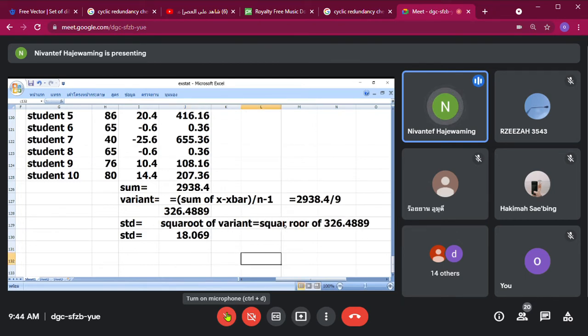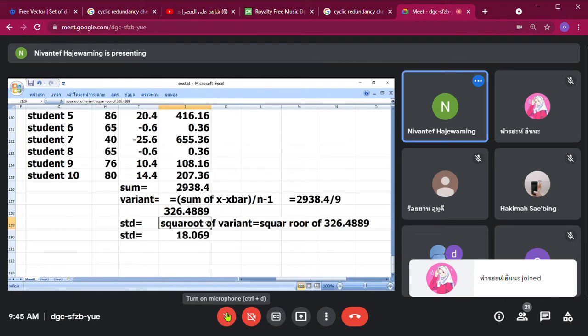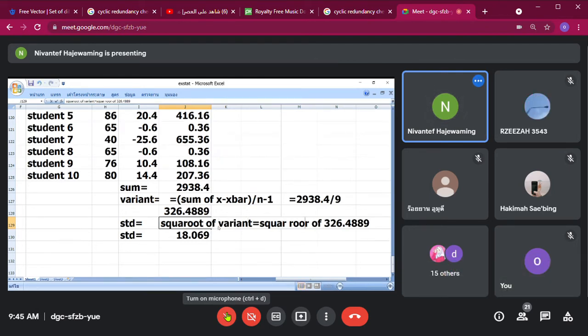Standard deviation is the square root of variance, equals the square root of the number.